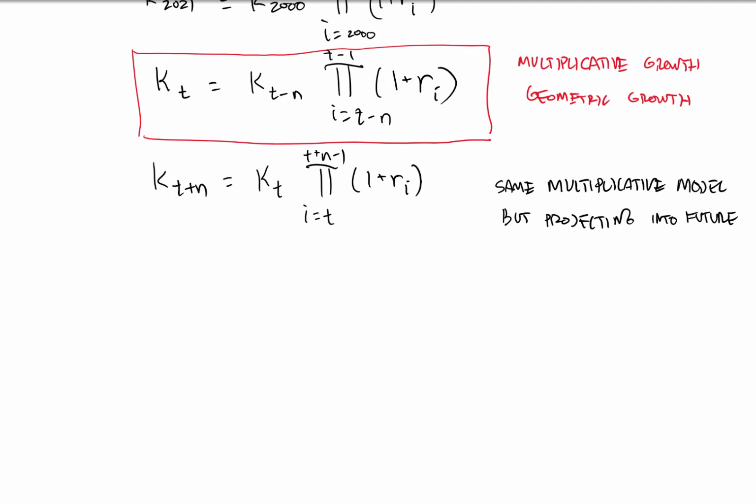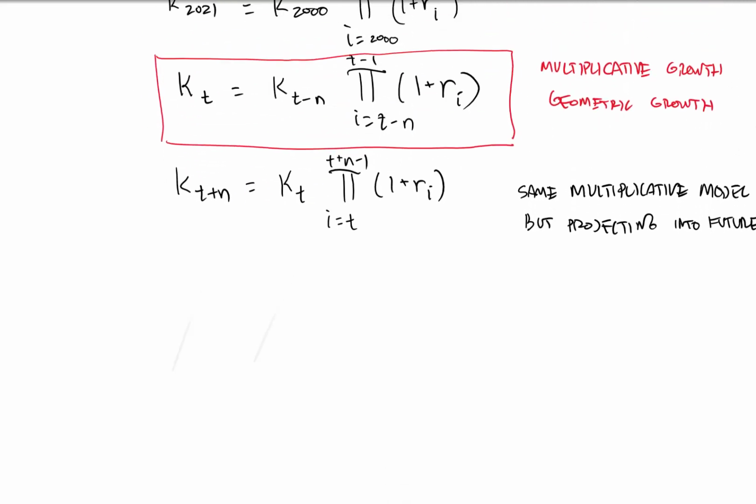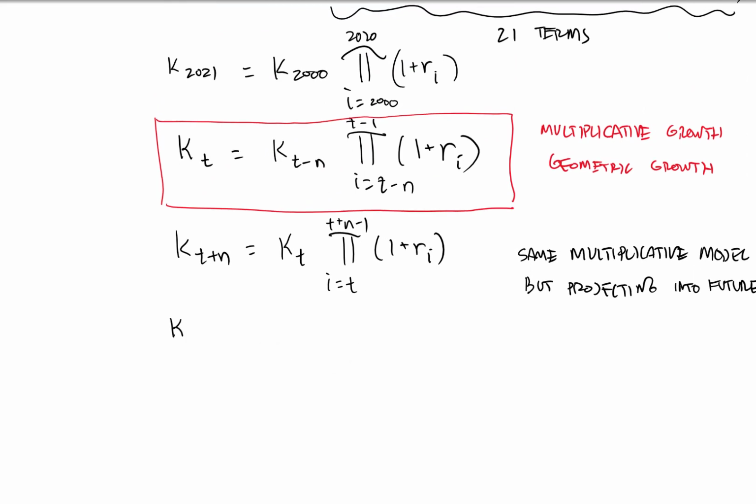We can take the box in red and we could say that K T divided by this product of all these 1 plus R sub I, from T minus N up to T minus 1, is going to equal K T minus N. I'm remarking about that because this is a way to go backwards in time.